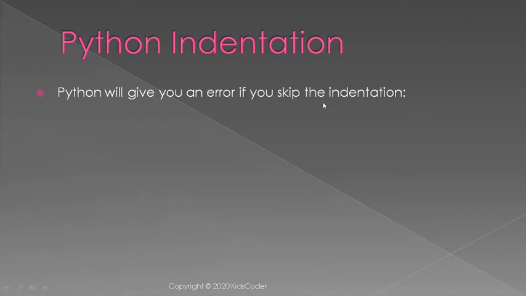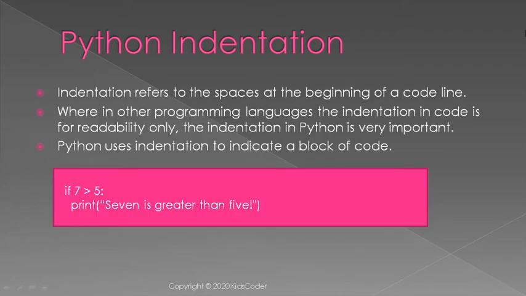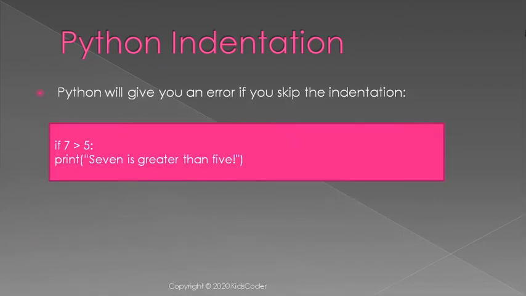Python will give you an error if you skip the indentation. So if you skip the indentation, it will give you an error. If you do 7 is greater than 5 colon and directly print 7 is greater than 5, then error.